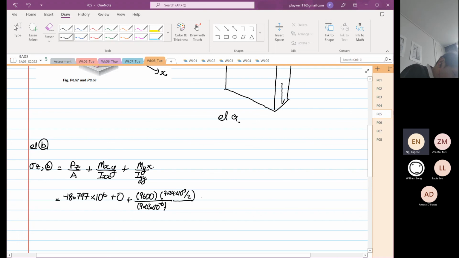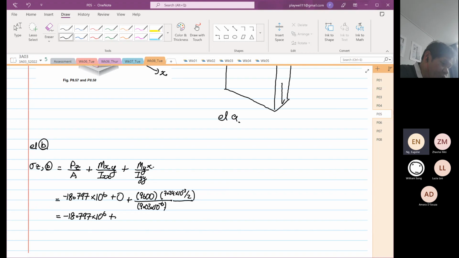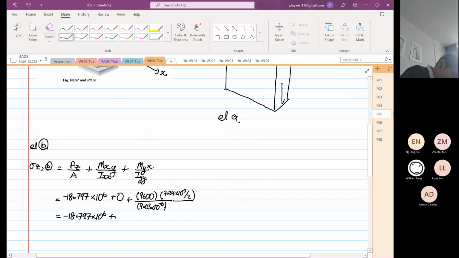So this will be equal to minus 18.797 times 10 to the power 6 plus 9600 times 7.24 times 10 to the power minus 3 divided by 2, divided by 9.03 times 10 to the power minus 6, which is equal to 3.849 times 10 to the power 6.